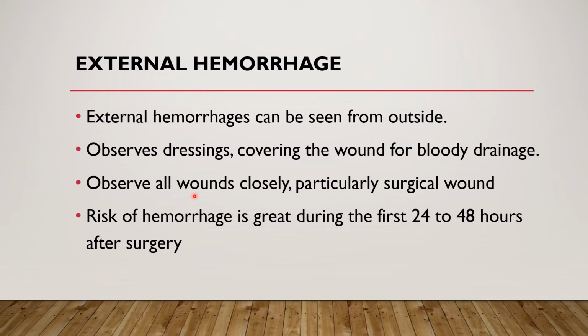Observe all wounds closely, particularly surgical wounds, and the risk of hemorrhage is greater during the first 24 to 48 hours after the surgery. So these are the risk periods where you should be well aware of any kind of drainage that comes out from the wound. So that was about hemorrhage.